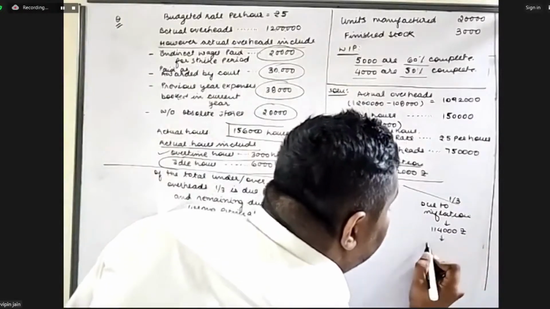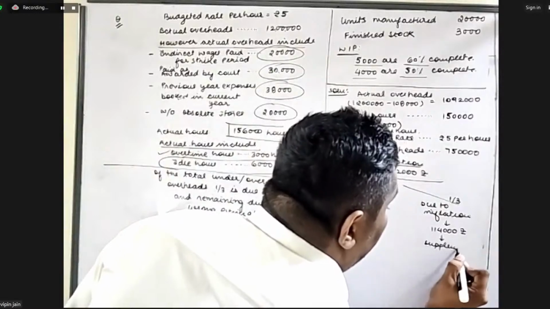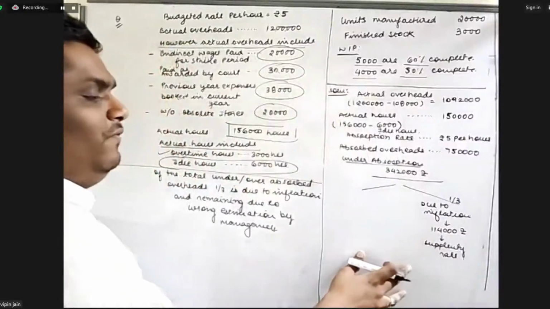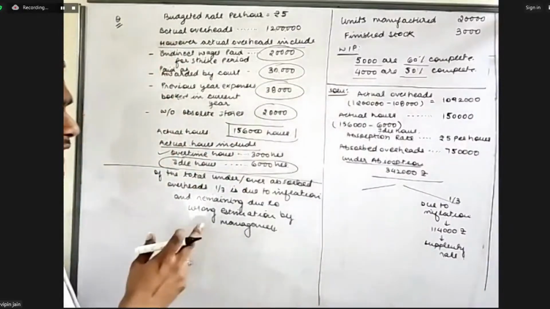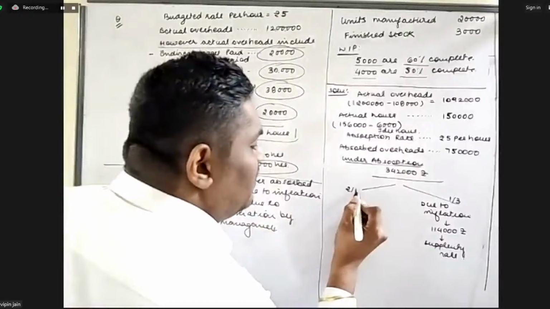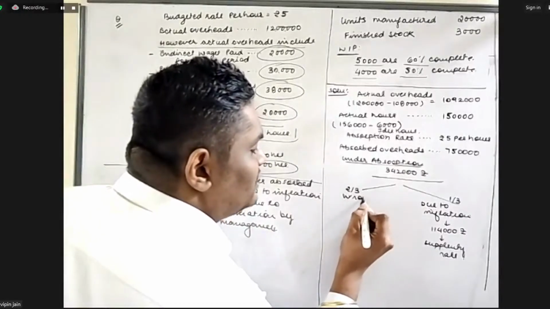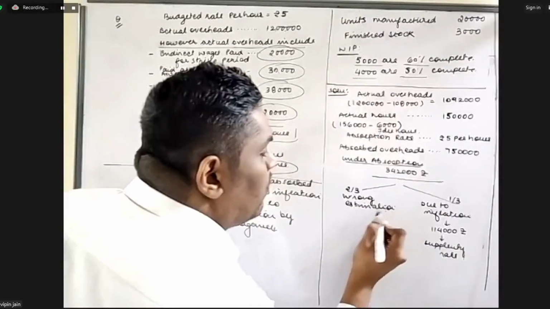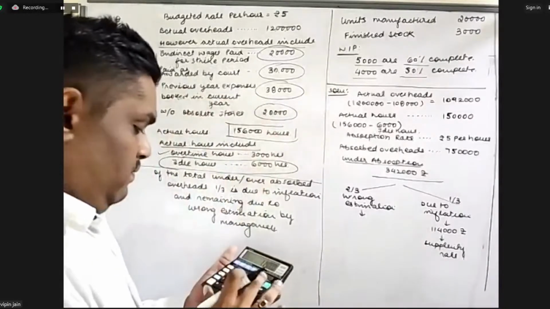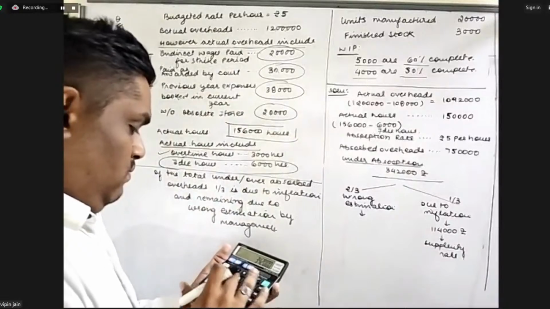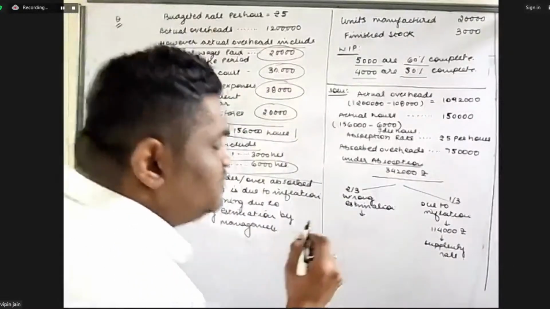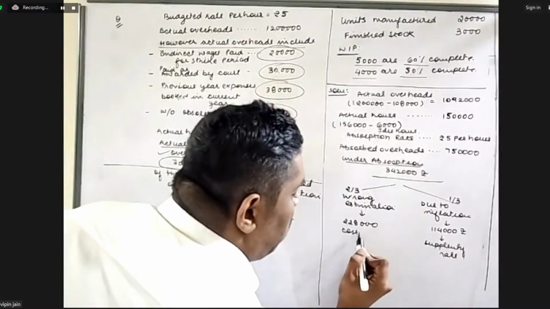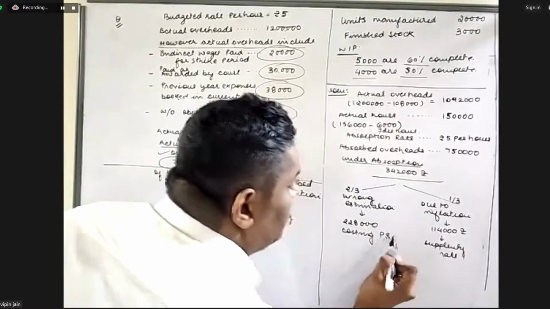So we will calculate the supplementary rate. This is the twist: if it is due to inflation, we will calculate the supplementary rate. And if it is due to wrong estimation, we'll transfer it to costing P&L. That is 2,28,000 will transfer to costing P&L.